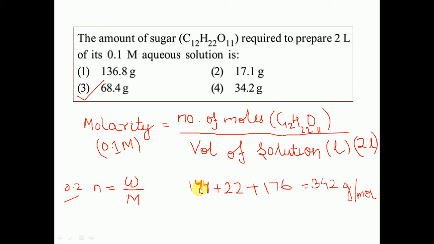If we calculate, where the carbon mass is 12, so 12 into 12, then for hydrogen it's 22 into 1, and then for oxygen it's 11 into 16, so we will get 342 gram per mole. If we multiply 342 gram per mole with 0.2 mole, then we will get 68.4 gram. Okay, so the correct option will be C.